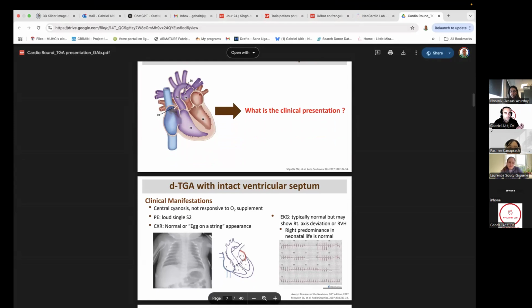Which means that the LV, which is receiving oxygenated blood flow, will pump to the pulmonary artery. So the LVO is actually leading to the pulmonary artery. There are situations like, for example, double outlet right ventricle with transposition of great arteries. We call this the Taussig-Bing malformation.